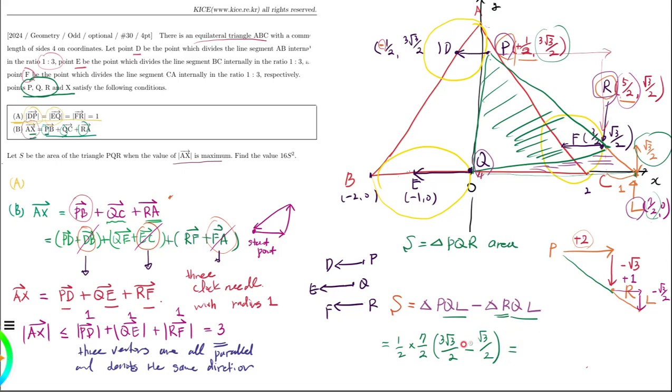So you can reach the value 7 times square root of 3 over 4. This is the area of the triangle PQR. Okay, let's wrap up this problem.